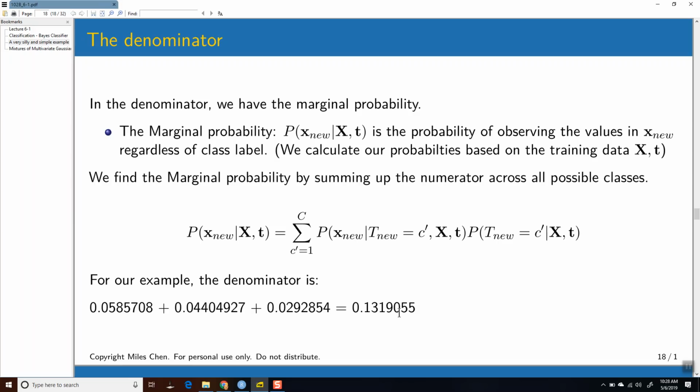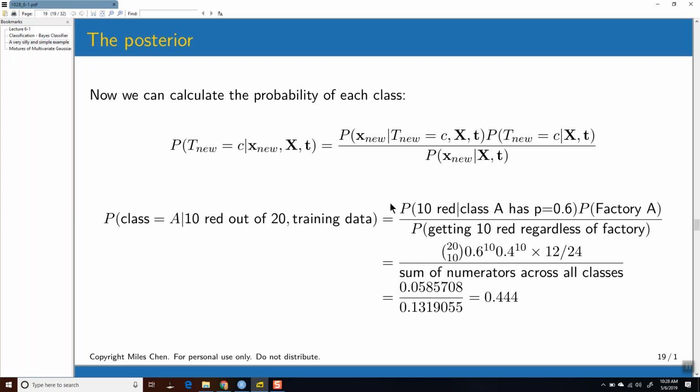Here we can calculate the probability of each of these classes by combining the numerator and our denominator. Written out in words: the probability that the test case belongs to class A, given the data that we have, which is 10 red marbles out of 20, and all of our training data can be summarized with this.